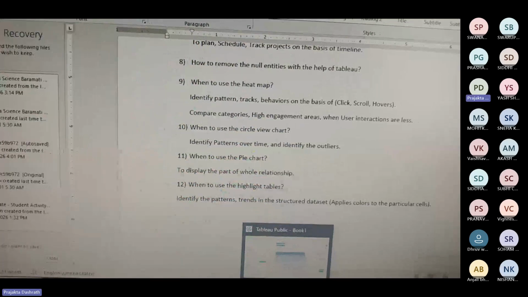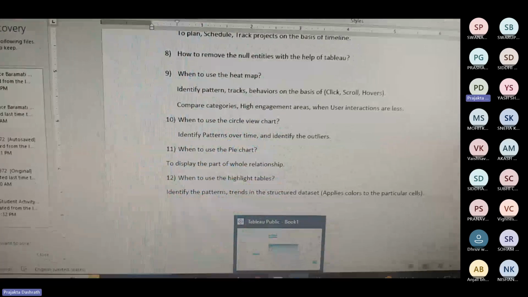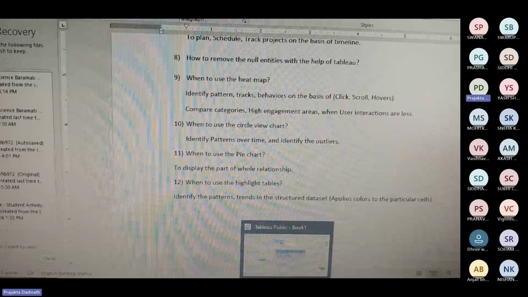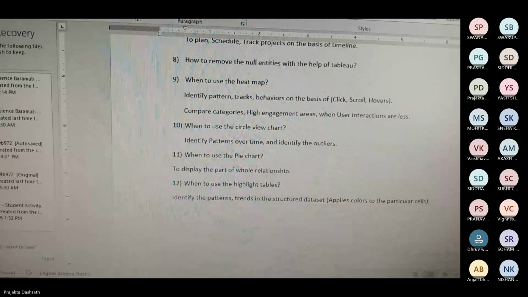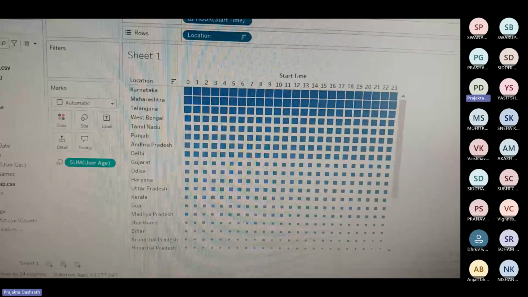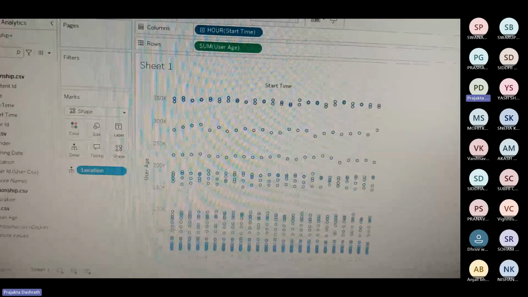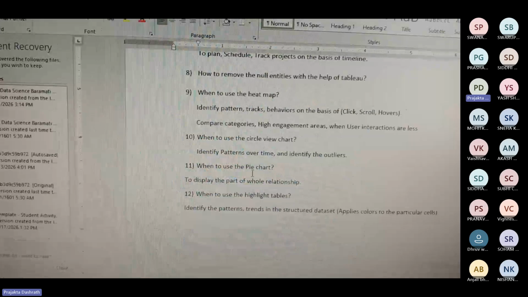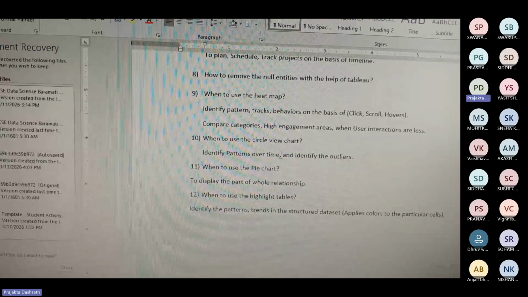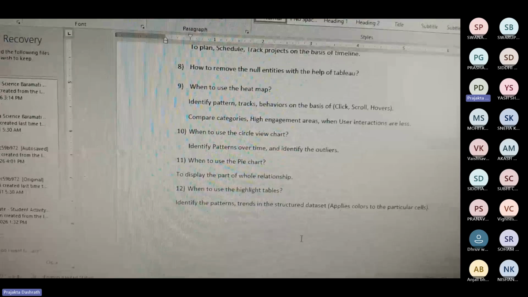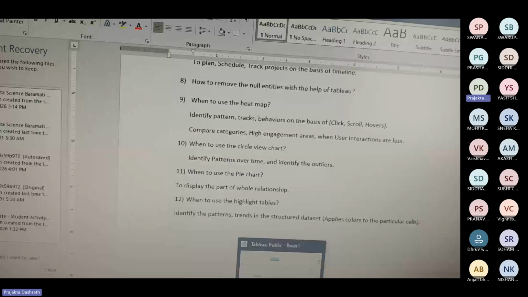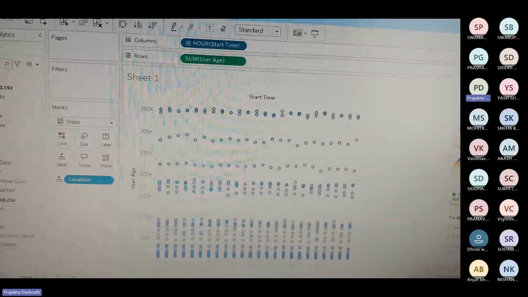After that, when to use circle view chart? Identify patterns over time and identify outliers. Circles. Pattern. What was the use? To identify the patterns over time and outliers. Pattern and outliers. What is the use of circle map, or when to use the circles?